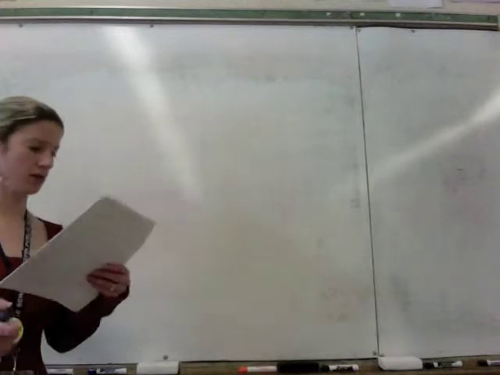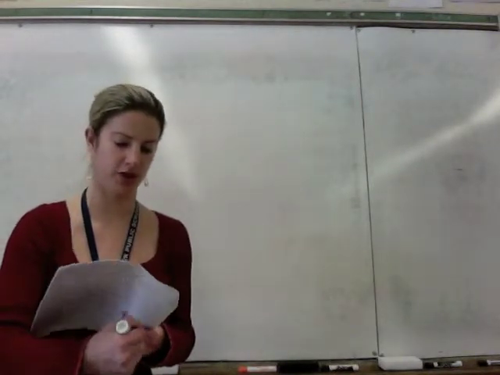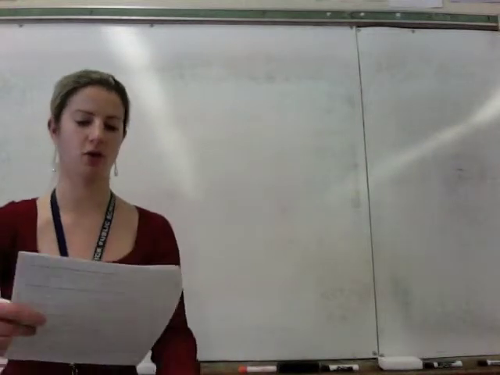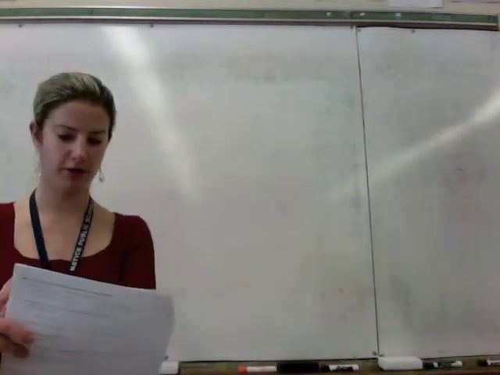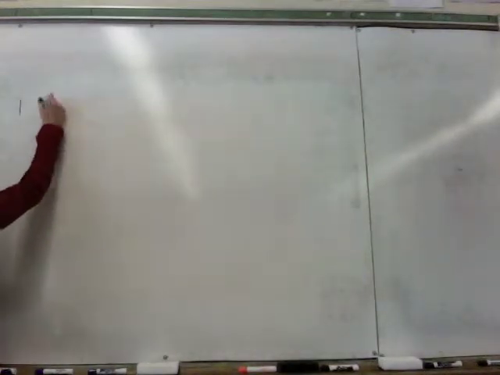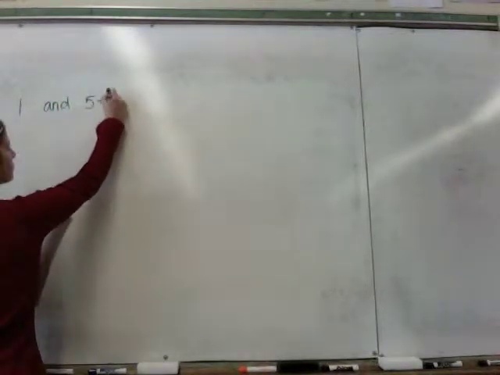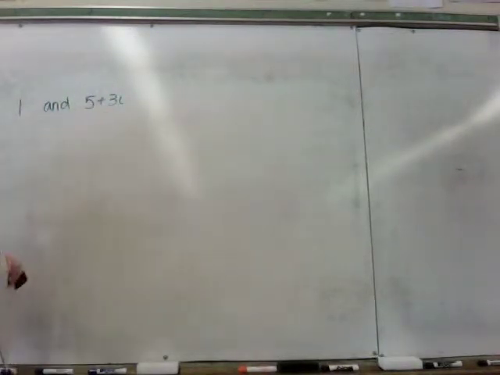Okay, so problem number 43, it says write a polynomial function of minimum degree with real coefficients whose zeros include those listed. Write the polynomial in standard form. So if I know the zeros are 1 and 5 plus 3i, okay?